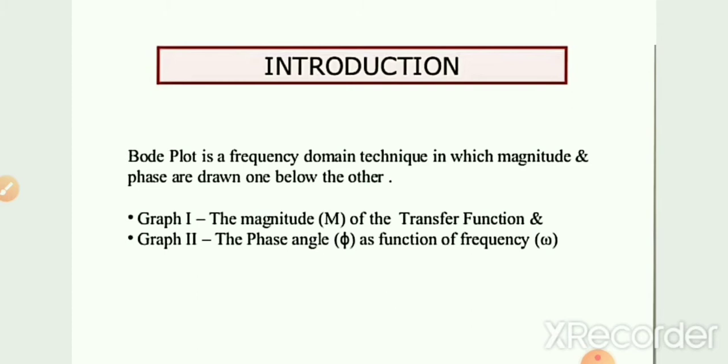It means Bode plot consists of two subplots, the magnitude plot and the phase plot. Graph 1 is the graph of the magnitude of the transfer function and graph 2 is the phase angle, as a function of frequency omega. Both graphs are functions of omega.